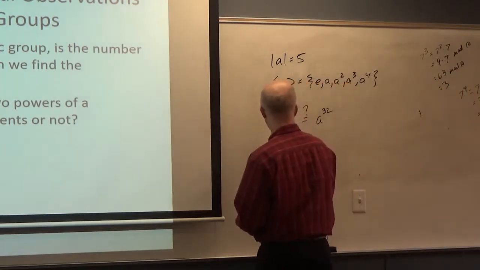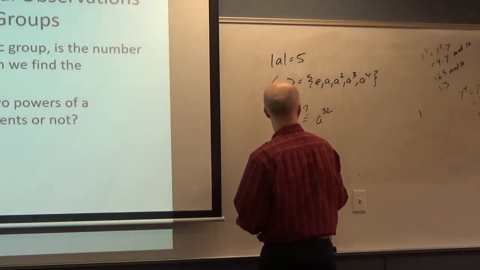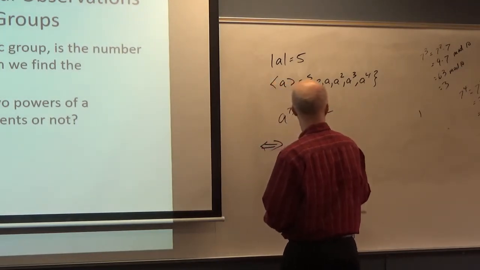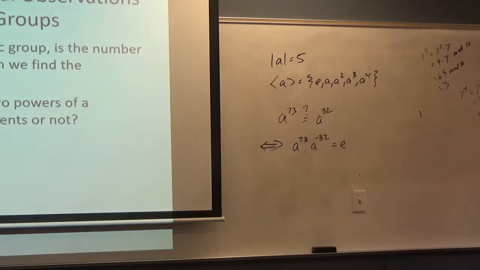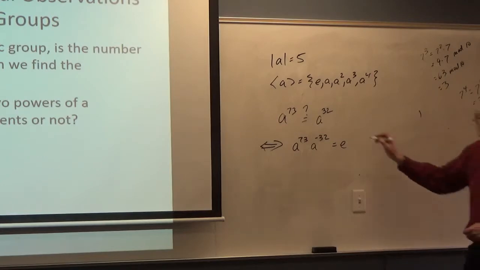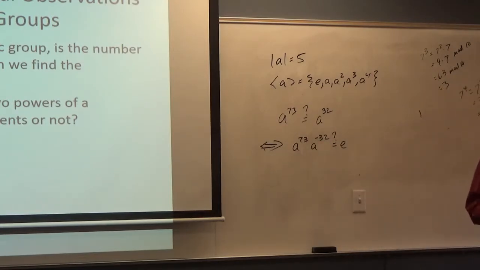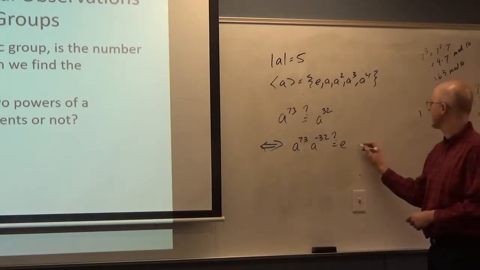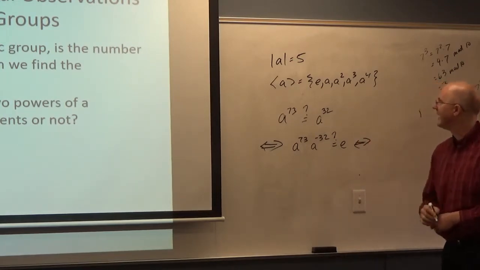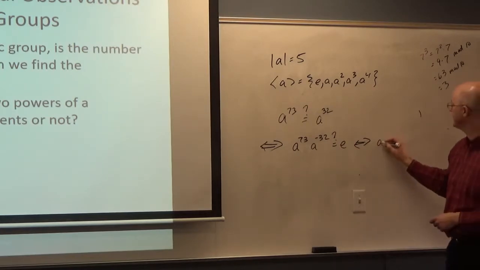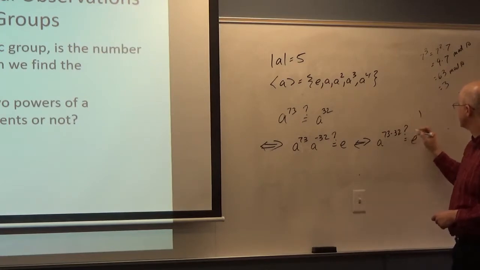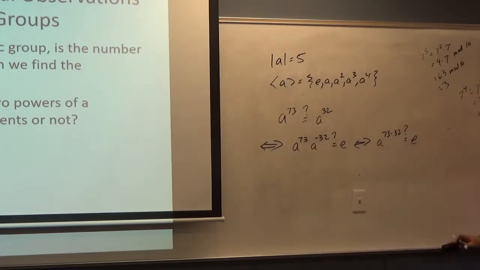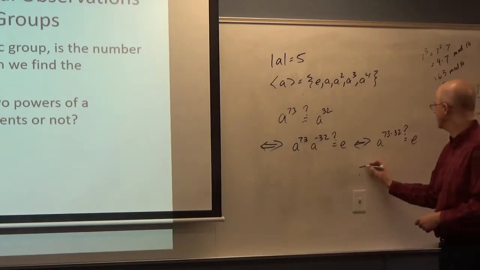Its truth or falsity would be equivalent to this being true. Let's put a question mark there. I don't know if those are equal or not yet. Let's see, that would be equivalent by properties of exponents to this thing being true, which now takes 73 minus 32.